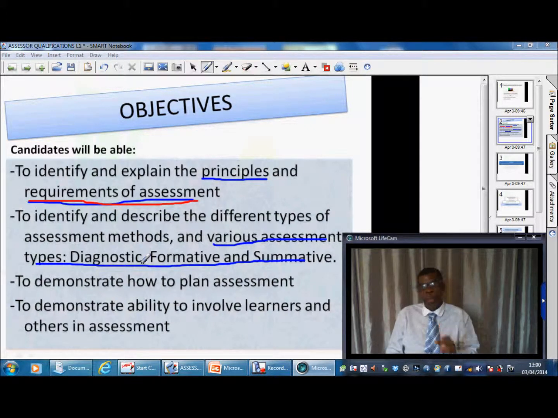And I want you to follow this very closely. And also, at some point in time, after you've gone through the whole process, you should be able to demonstrate how to plan an assessment, demonstrate ability to involve learners and others in an assessment process. I'll keep mentioning this because you discover this as a very important factor.